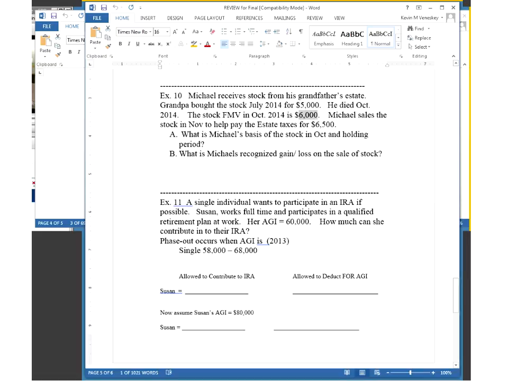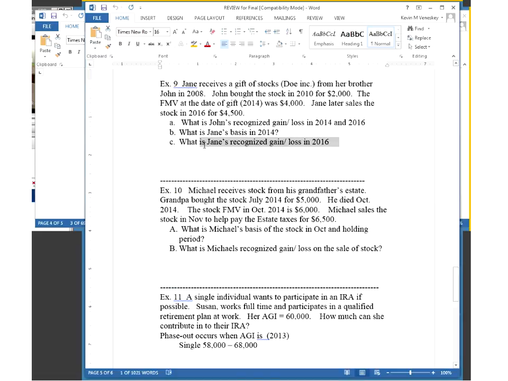However, Michael's basis is the $6,000, the stepped up value, and it's considered long term. Whenever you have an inheritance, it automatically becomes long term. And remember, the good thing about long term, which I didn't discuss up here, is that being over a year, it's a capital gain.